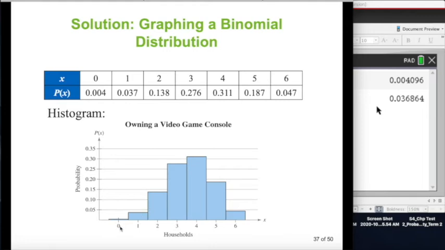So we can have the number of households from 0 until 6 on the x-axis, and on the y-axis are the probabilities, and then you can draw the histogram and see the distribution, which is left skewed, or negatively skewed.